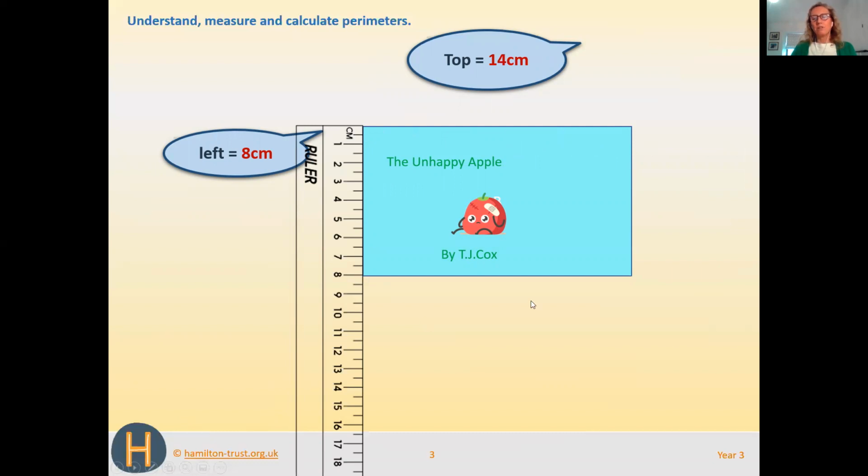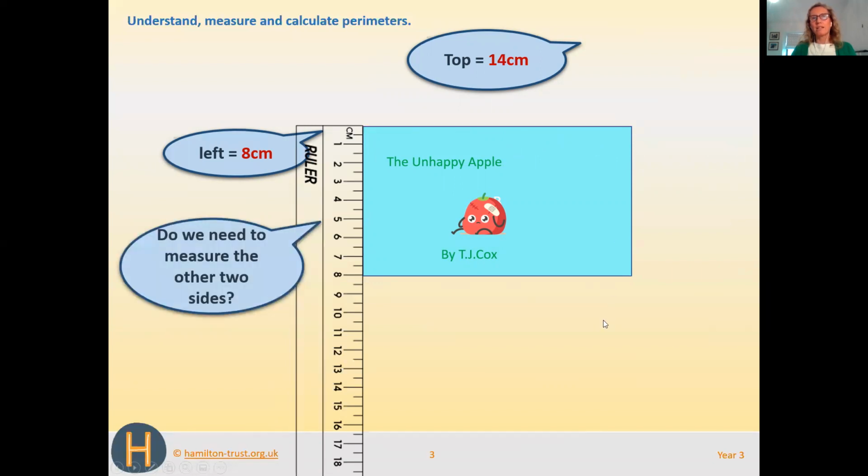So if we have a look, we can see that this is a regular shape, and the top side is going to be the same length as the bottom, and the left hand side is going to be the same as the right hand side.